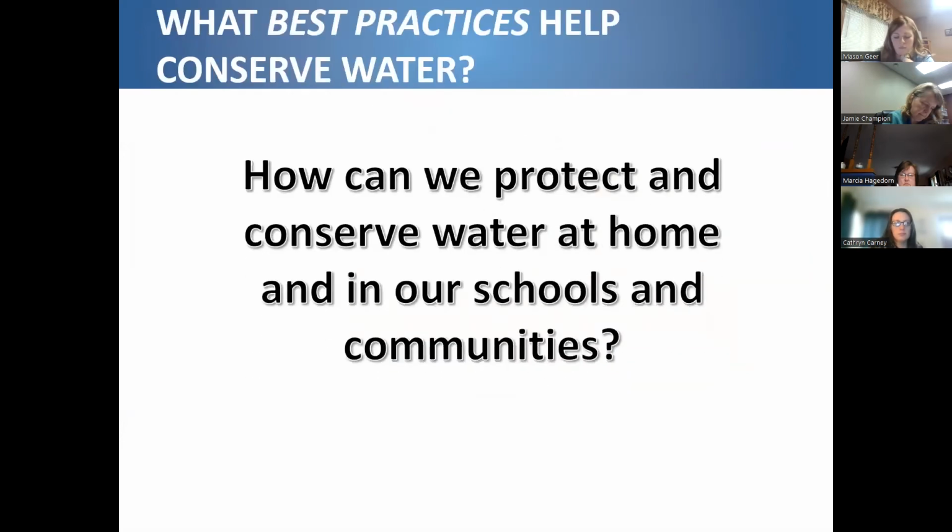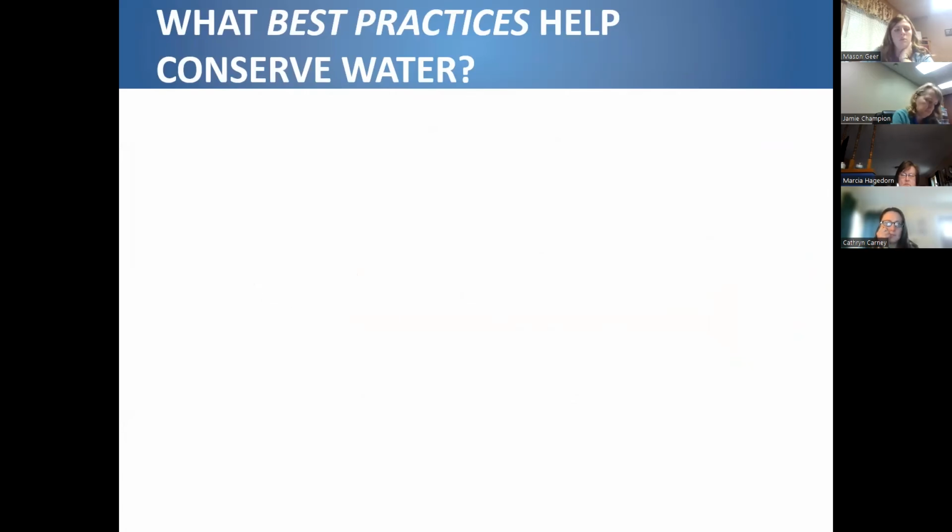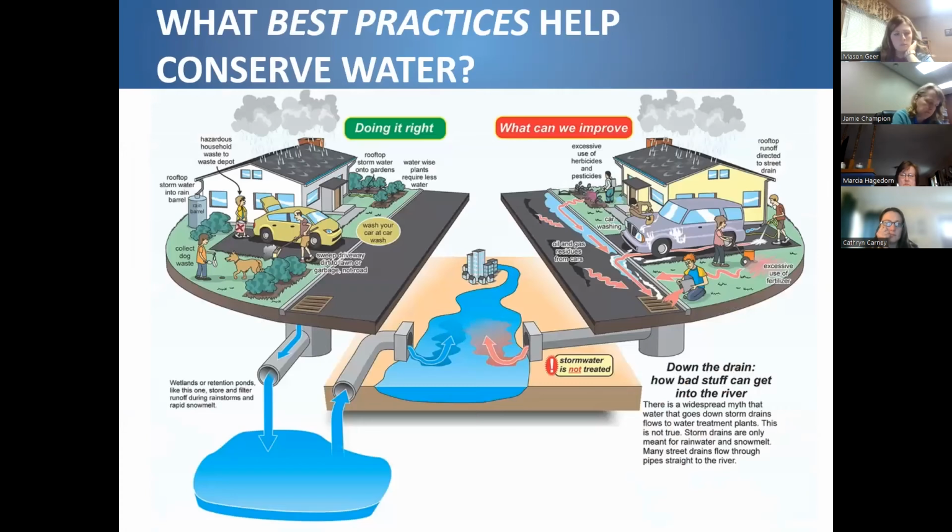Okay, so this is not just an agriculture thing though, about using water effectively and sustainably. Here's an interesting graphic, ways we can conserve water differently. Over here in the doing it right, people are being mindful about what's going into the storm drains, they're picking up waste, they're collecting their rainwater.